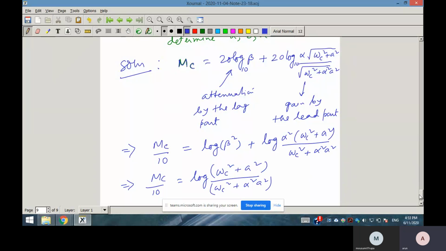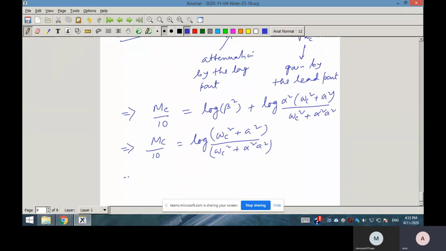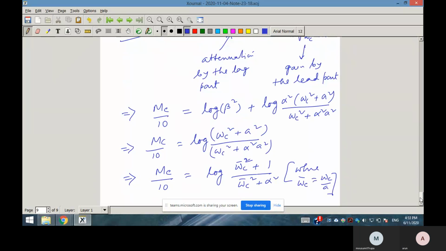Now omega c by a, I have already assumed earlier in case of lead part, lag part, omega c by a is the normalized omega c. That I had denoted as omega c bar. So the same notation I will follow. So this is equal to log of omega c bar square plus 1 divided by omega c bar square plus alpha square. Here again I am writing omega c bar equal to omega c by a.